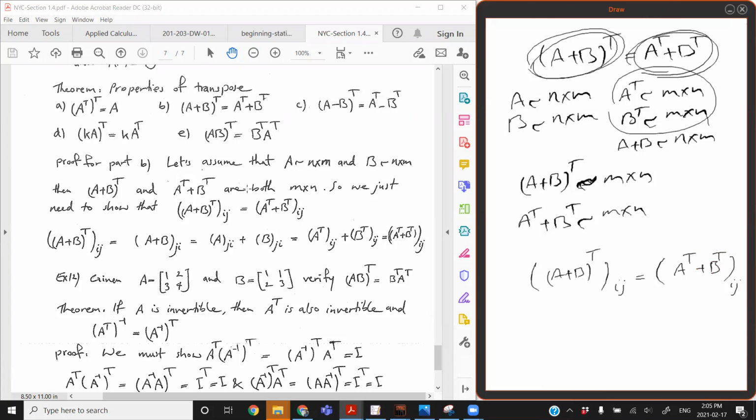So that means I have to start here and try to work my way here, using the definitions and using the known properties of real numbers. So let's do that.